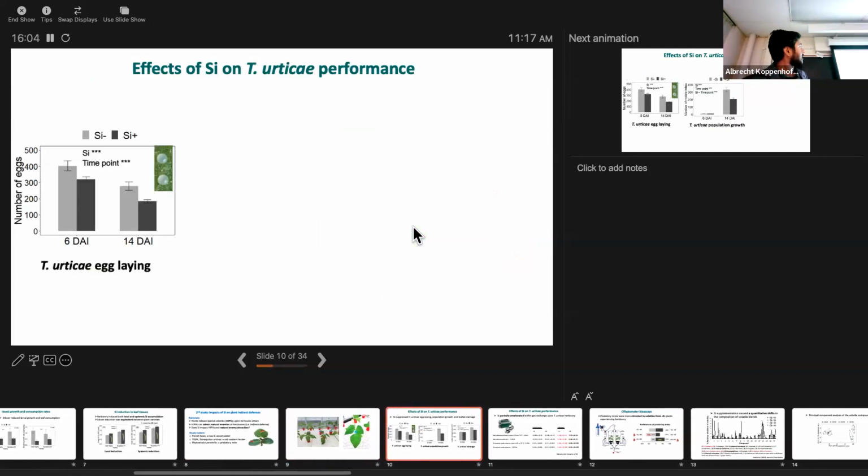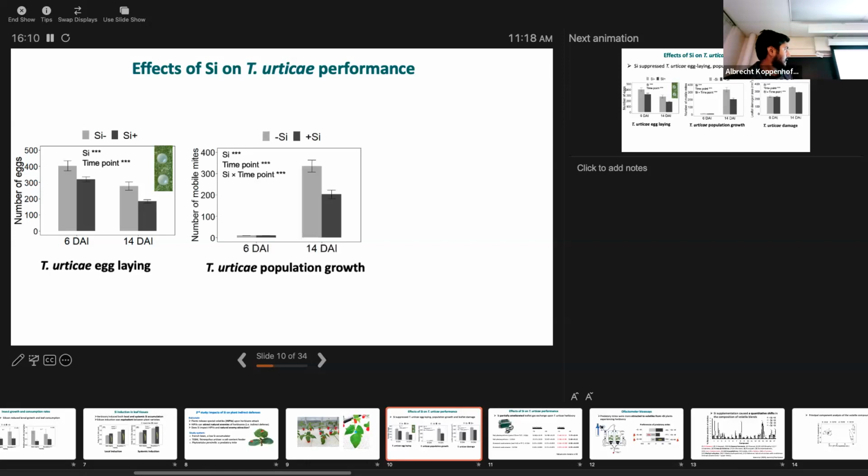Now, the effects of silicon on Tetranychus urticae performance. What we found is that silicon supplementation reduced Tetranychus urticae egg laying and population growth. We measured egg laying and population growth at two time points, 6 days and 14 days after spider mite inoculation.